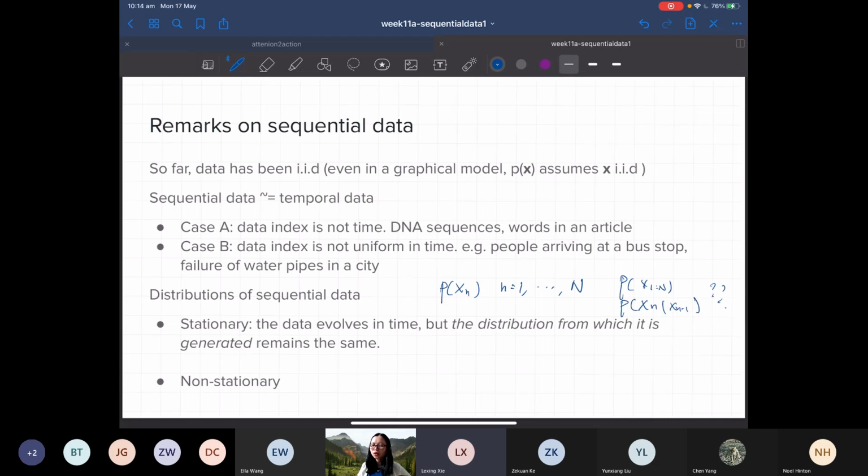One crucial assumption that allows us to simplify and extract statistically meaningful patterns is stationarity, right? It refers to the case that the data evolves in time, but some underlying distribution from which it is drawn remains the same. Since these are sequence data, and if they are indeed drawn over time, we can't wind back in time to draw like 1,000 different sequences.